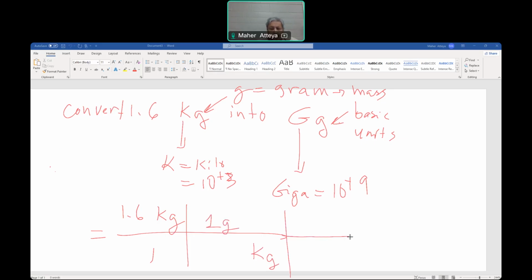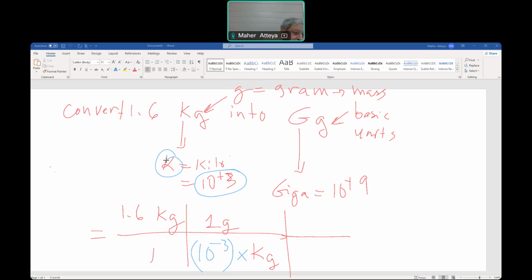Now, the same way we started, we can change the color, say blue. Kilo is 10 plus 3, so in front of it I put 10 minus 3, the opposite of the exponent.